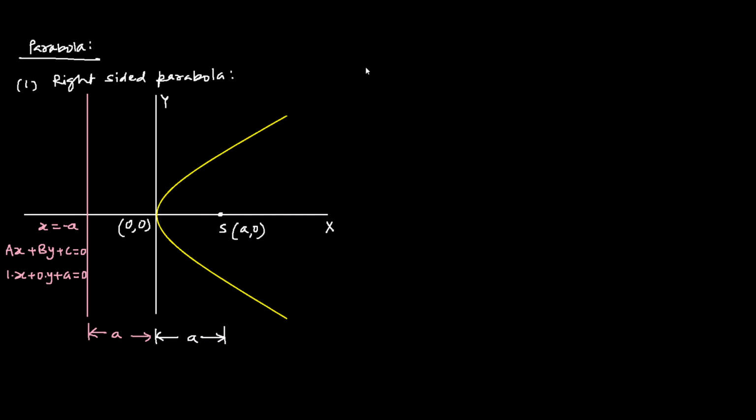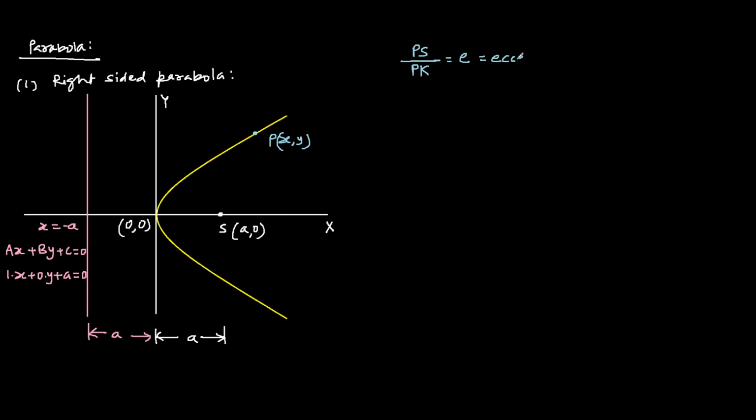Now, any point on this parabola is denoted by P. The coordinate of P is x, y. Now, for this parabola, we know that the ratio of the distance of this point P from the focus to the perpendicular distance of this point from the directrix, that is PK, is denoted by e.